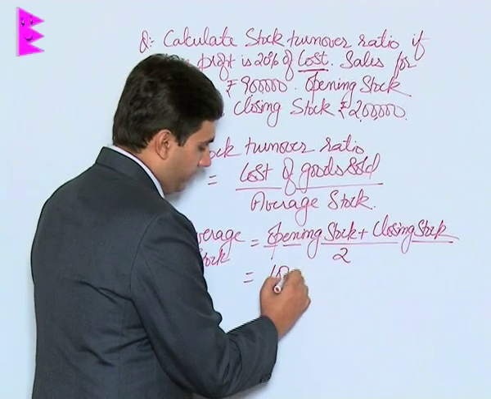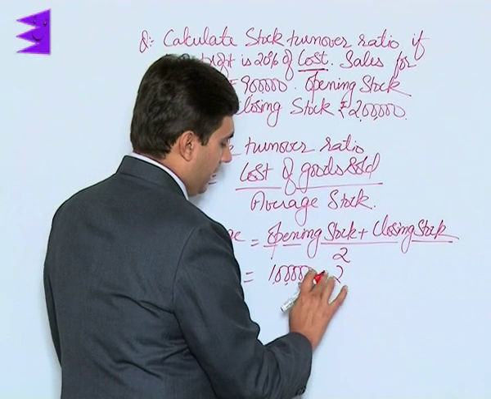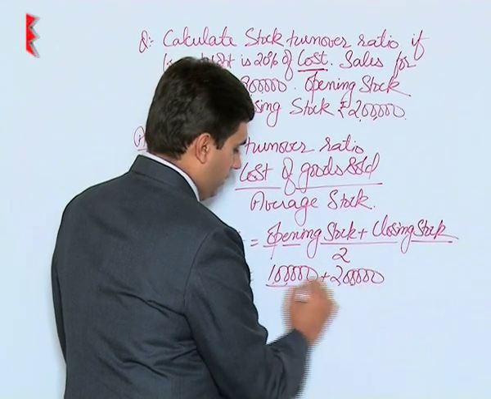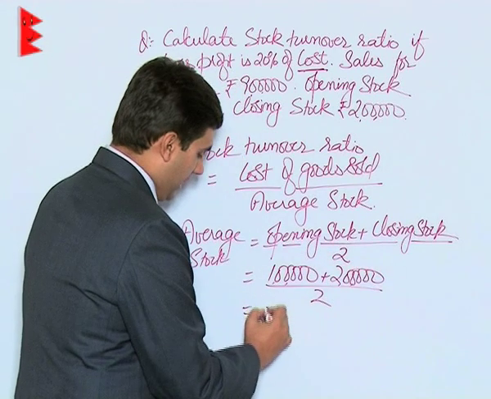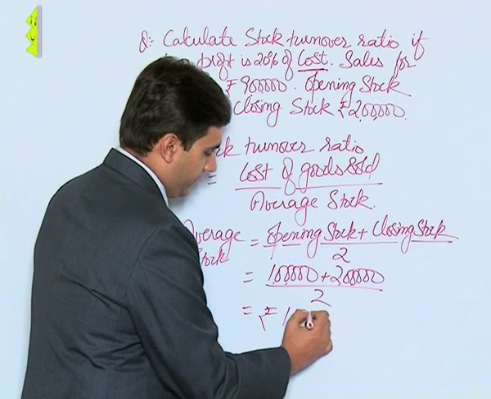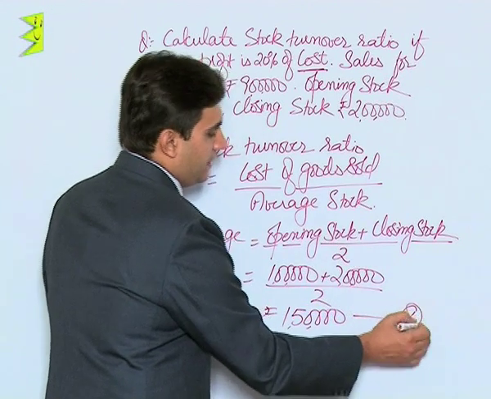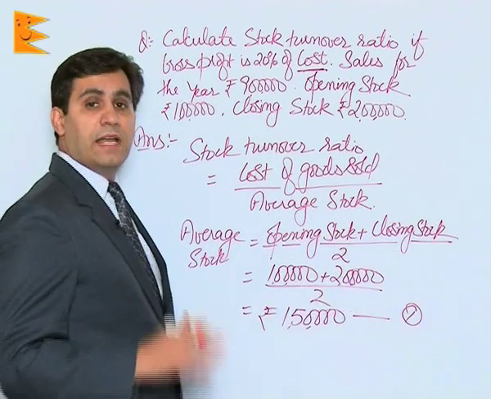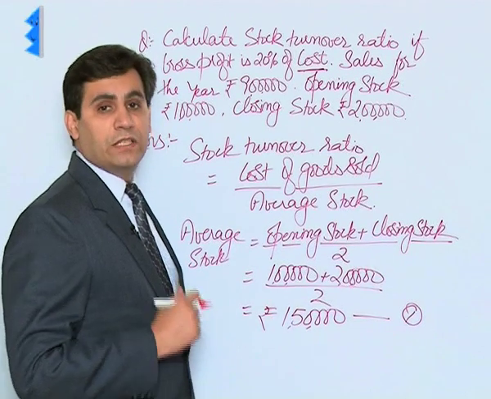So we'll add them. 1 lakh plus 2 lakhs divided by 2. That means 3 lakh divided by 2, which gives us an average stock of rupees 1 lakh 50,000. Let us mark it as equation number 1. So equation number 1 tells us that our average stock is worth rupees 1 lakh 50,000.